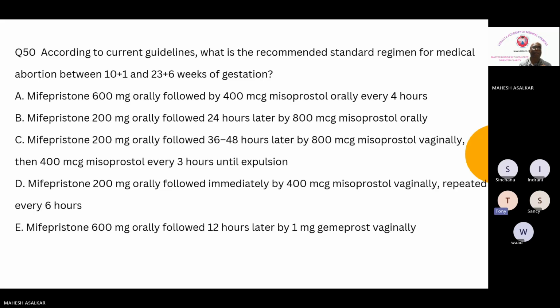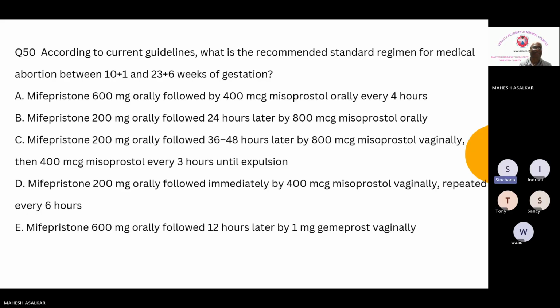B: mifepristone 200 milligram orally followed by 24 hours. C: mifepristone 200 milligram orally followed 36 to 48 hours later by 800 microgram misoprostol vaginally. D: mifepristone 200 milligram orally followed immediately by 400 microgram misoprostol vaginally. 10 to 23 weeks is 3 hourly.